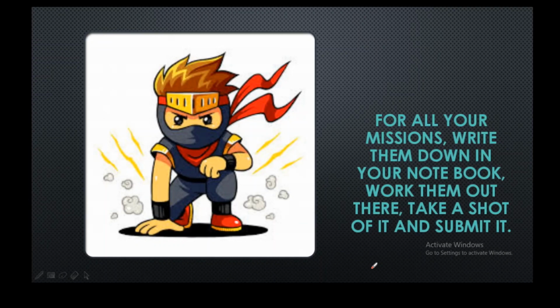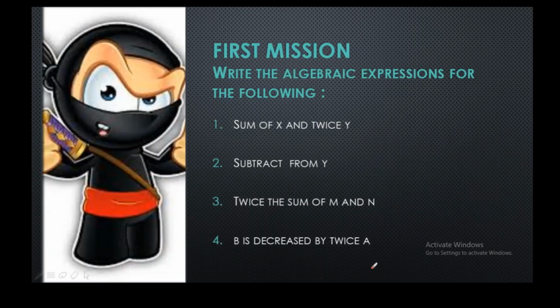So the first mission, write the algebraic expressions for the following: sum of x and twice y. So I think this, we're supposed to subtract. So let me correct this quickly. Subtract 4 from y. Then the third one, twice the sum of m and n. The fourth one, b is decreased by twice a.